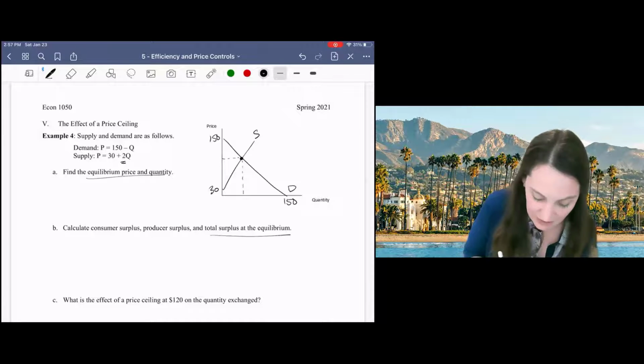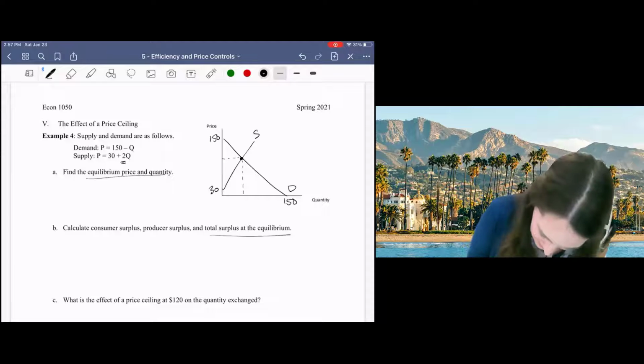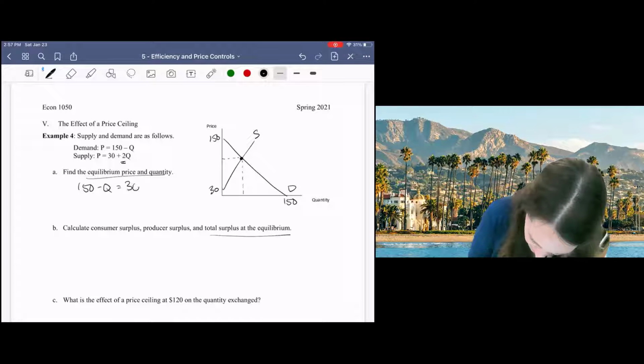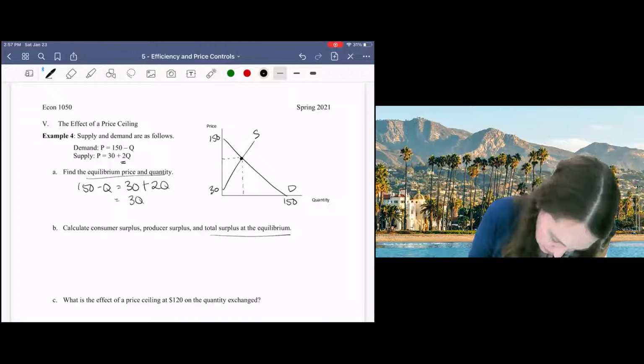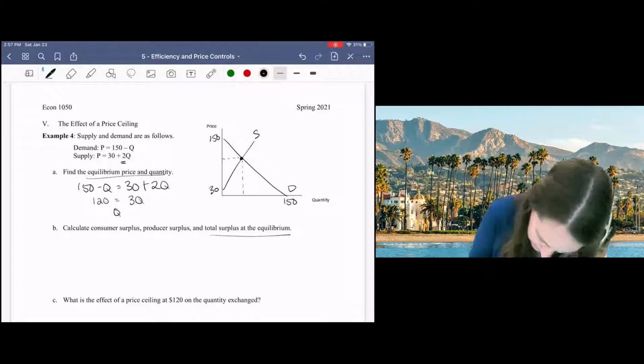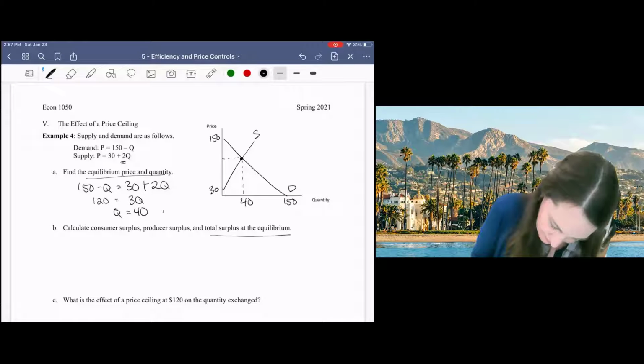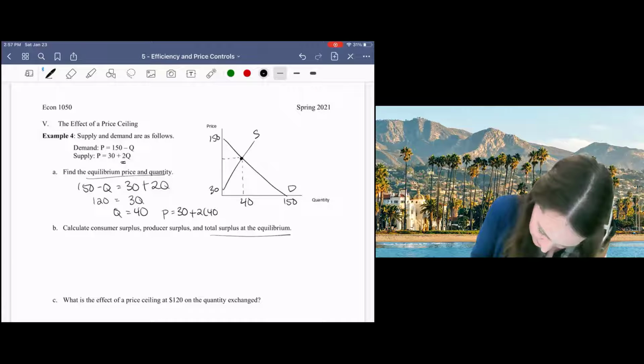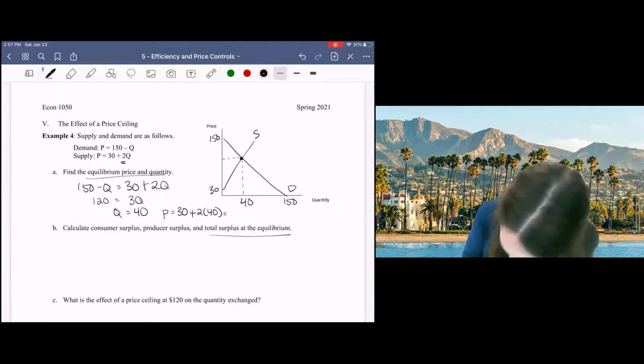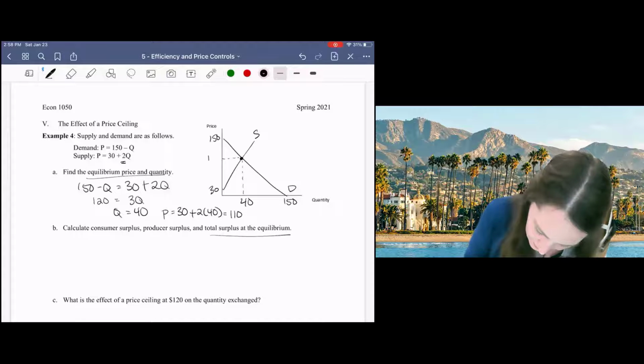We want to find the equilibrium point here by solving these equations. And when I do that, I will see that my quantity is 40 and my equilibrium price is 30 plus 80, which is 110.